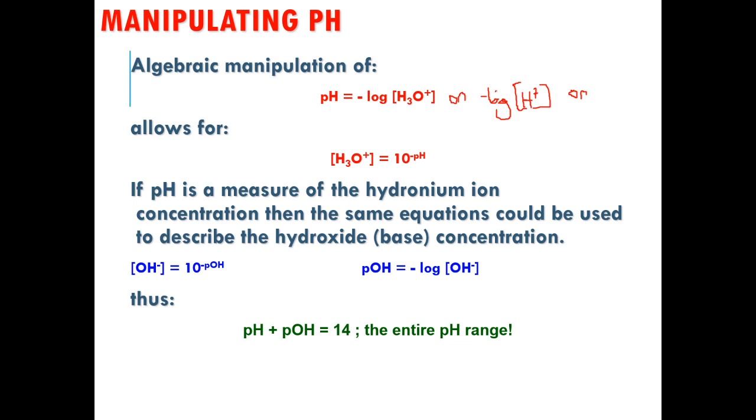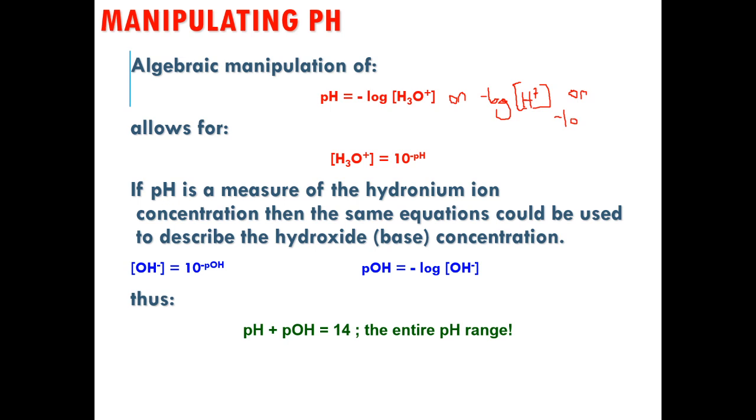Well, if you're given the concentration of a strong acid dissolved in water, then you know all of that hydrogen concentration is in ion form. So essentially, the concentration of a strong acid is equivalent to the concentration of hydronium or H+.